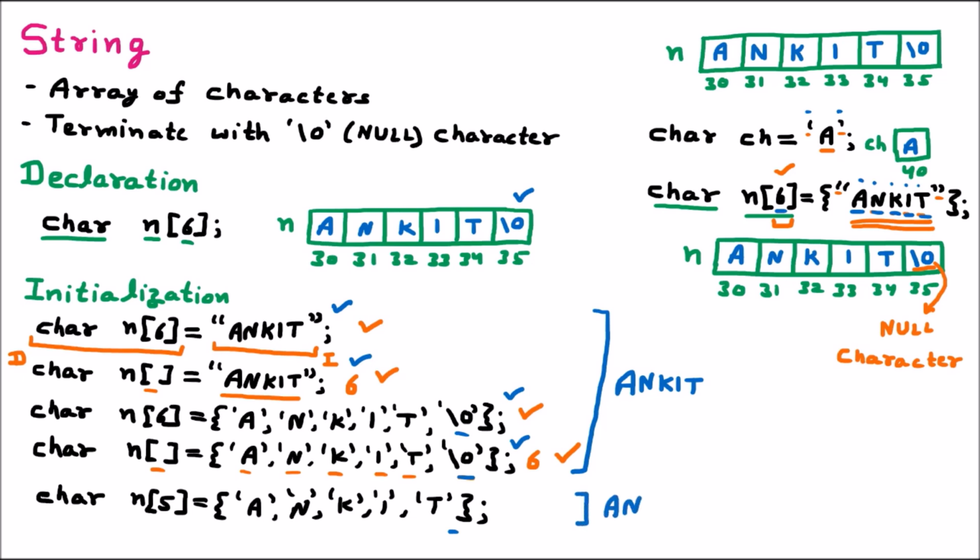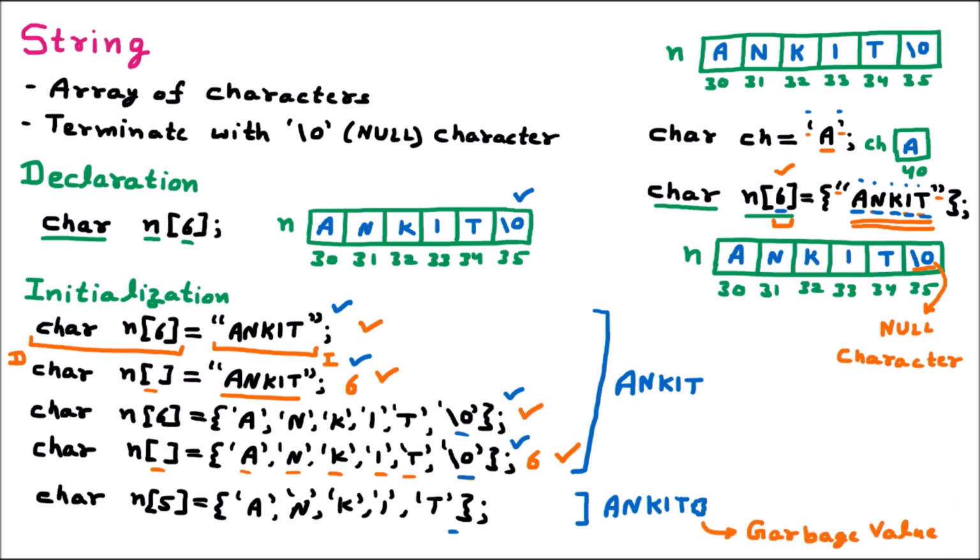So this Ankit will come, but followed by some kind of garbage value. After printing Ankit, some garbage value will come after the string.